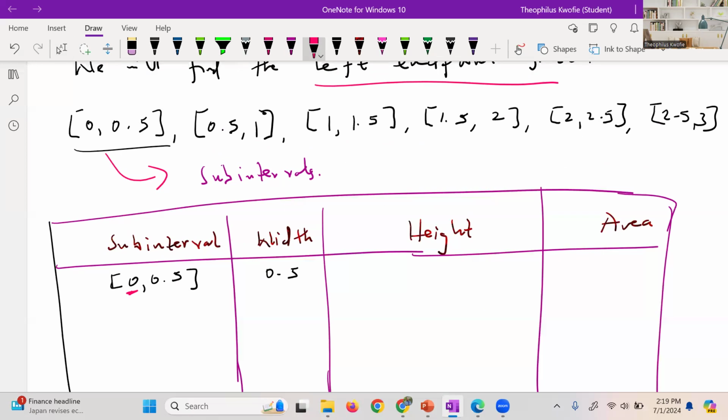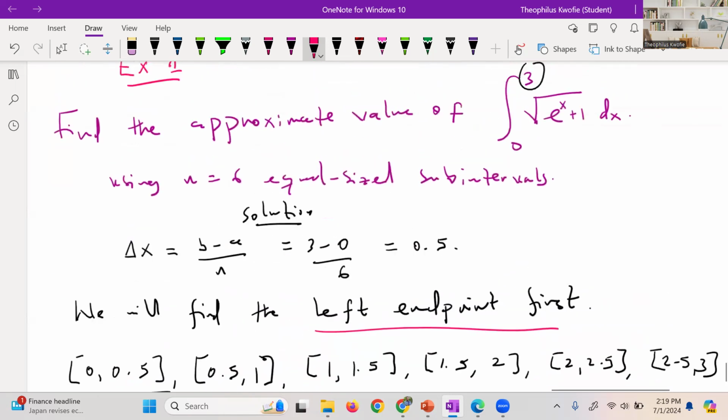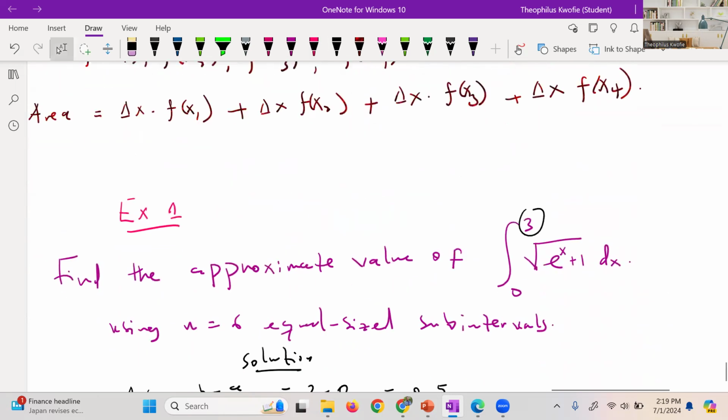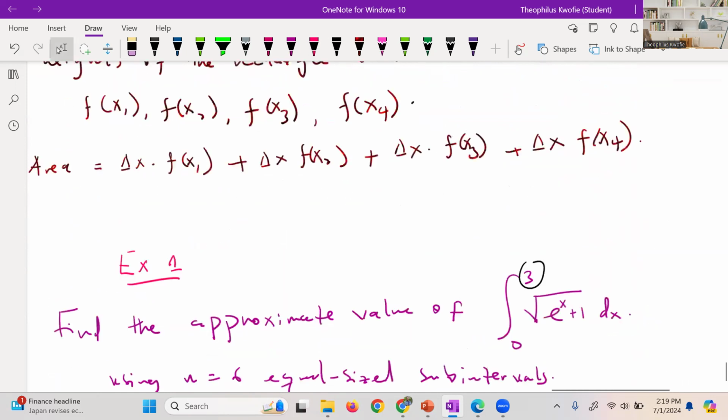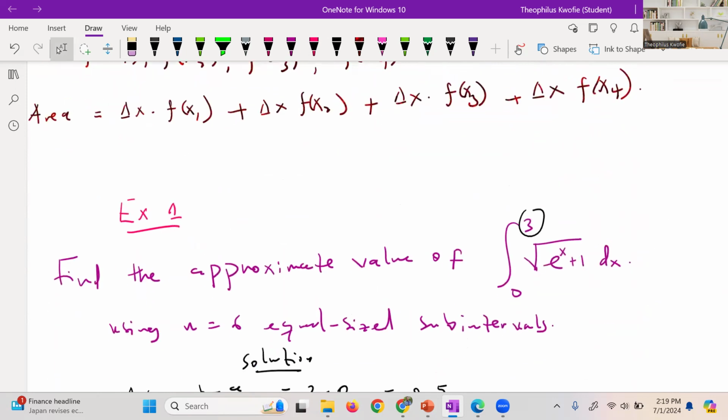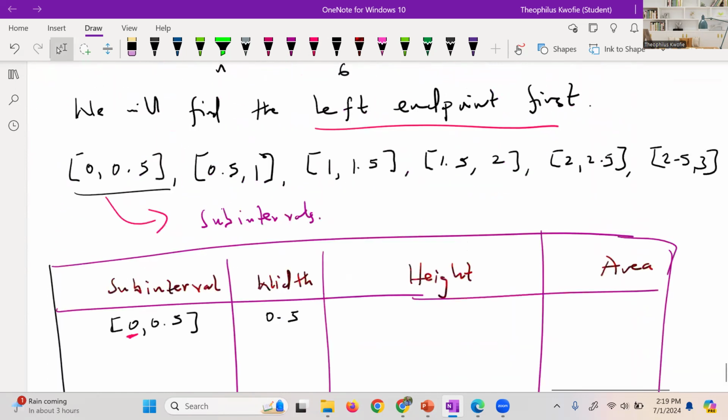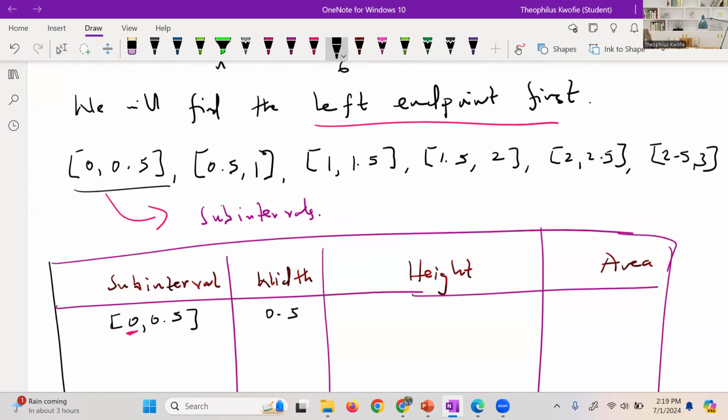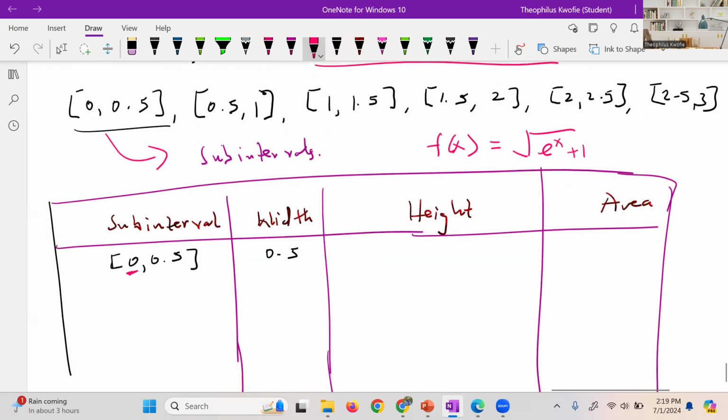It is 0. So what happens, I'm going to plug this 0 into the integrand. Remember, the integrand we're given was the root of e to the power x plus 1. Okay, let's take note that the function we're given was the root of e to the power x plus 1.